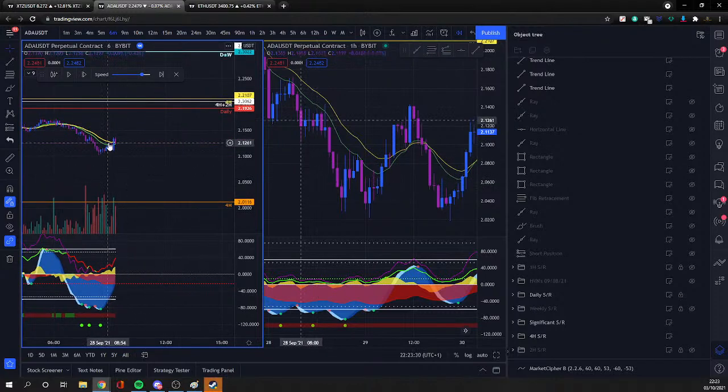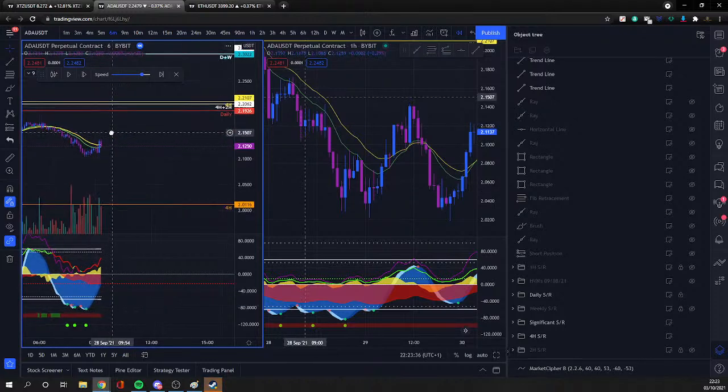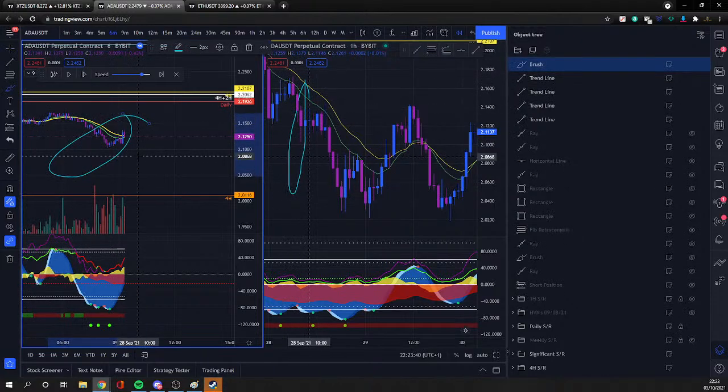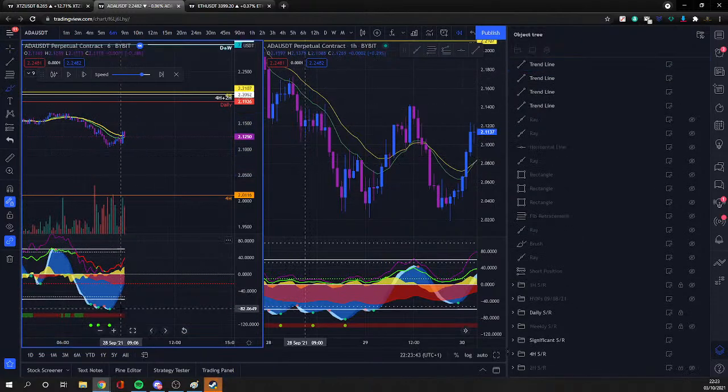So you can see here, right, that at the moment, this is the present moment in time, we're going to pretend. And this is right now heading up. There is no trigger waves currently printed.